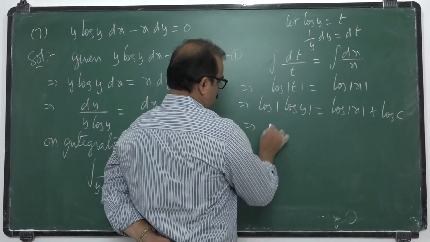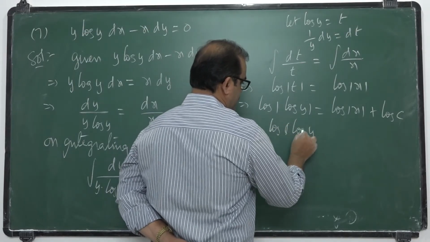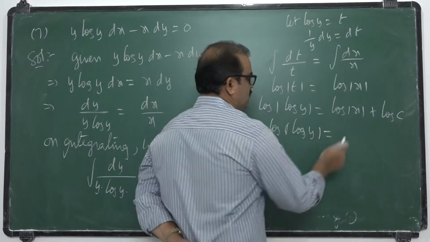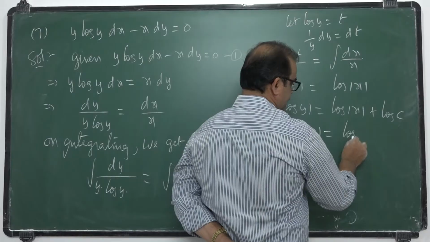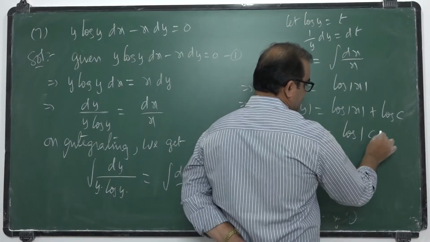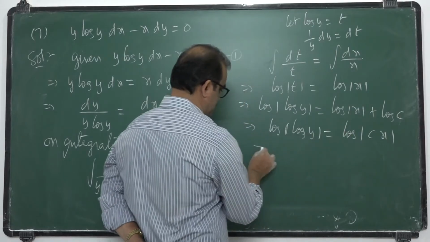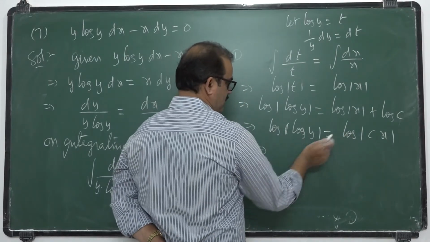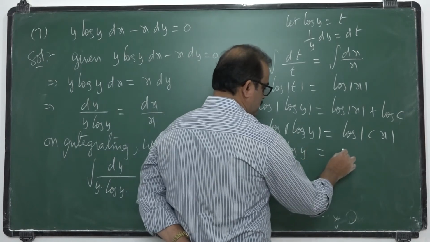Now log of log y is equal to, it is in the form of log m plus log n, that is log of m into n, c into x. Now remove the logarithms. This log and log cancel. What we get? Log y is equal to cx.